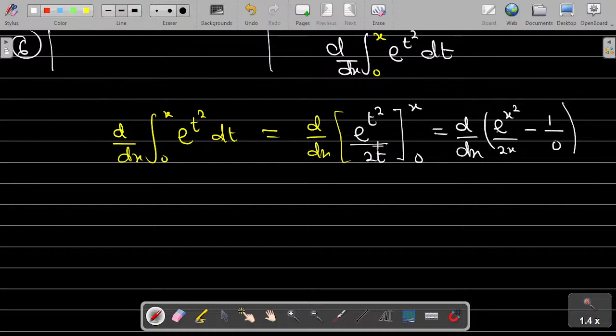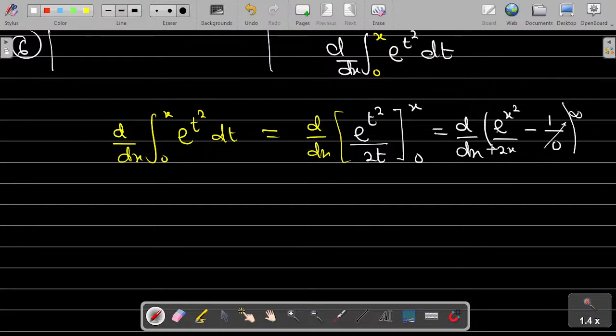But since it is the reverse, you divide by the derivative, and the derivative of t squared is 2t. If we substitute x, we get this all over this, minus, if we substitute 0 up here, we get e^0, which is 1, all over 2 times 0, which is 0, and that's not defined, which you can call infinity.